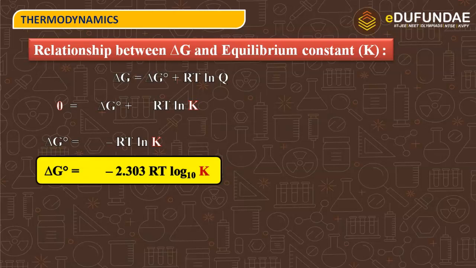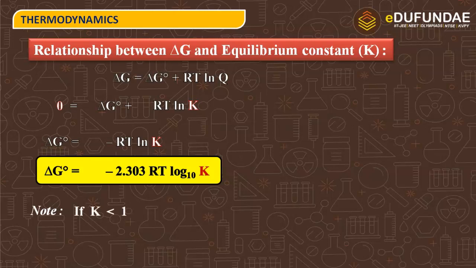So we will convert this natural log into log with base 10. Then we will multiply this equation by 2.303. So the final equation is delta G naught is equal to minus 2.303 RT log K, and this log is with base 10.